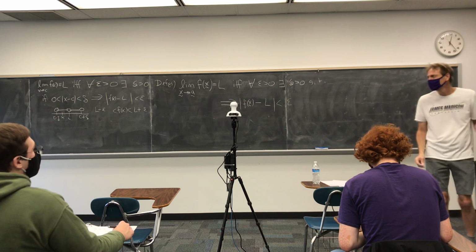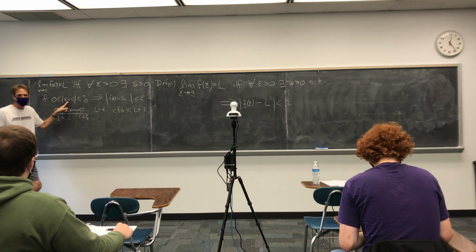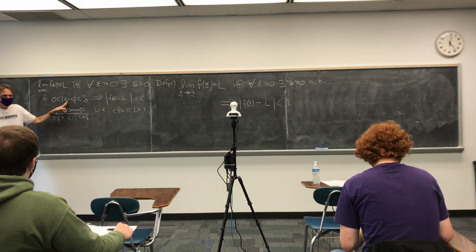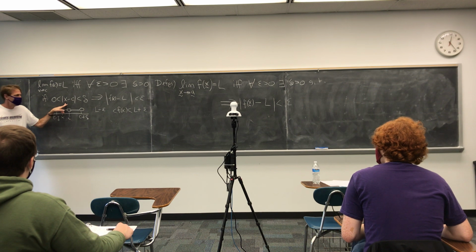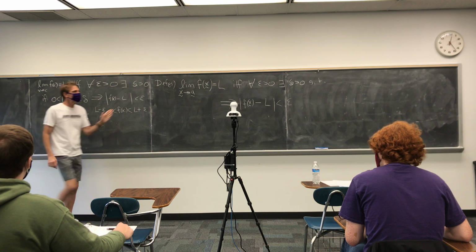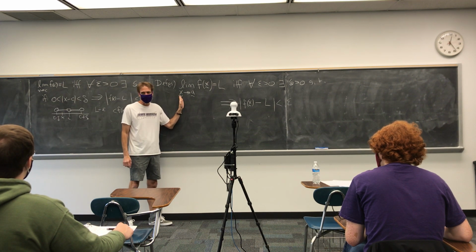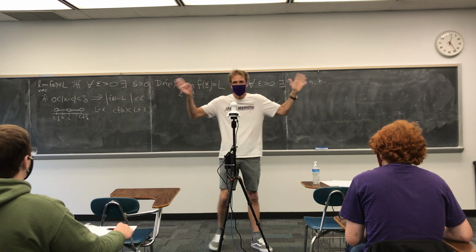Okay, now let's come here. We're saying 0 is less than the absolute value of x minus c is less than delta, but now x is a vector, and a is a vector. How many people realize the absolute value is out?